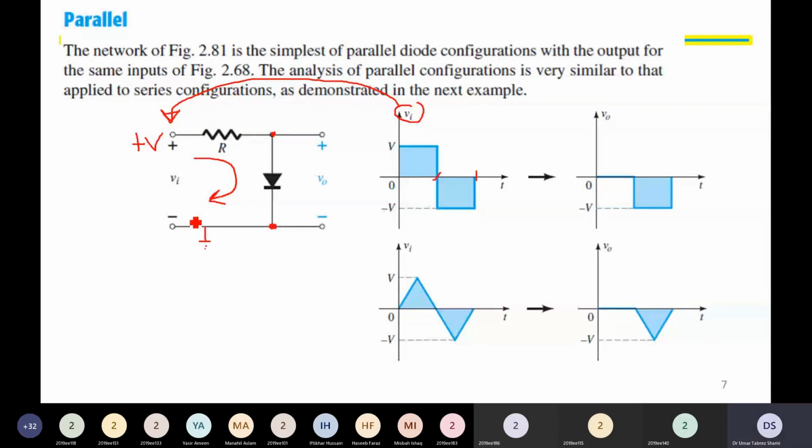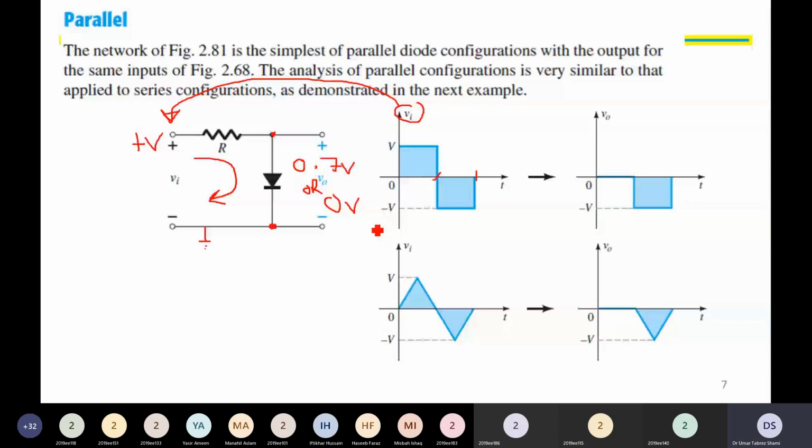And when this current passes through the diode being forward biased, it will produce an output voltage of 0.7 volt in case of a practical diode or 0 volts in case of an ideal diode. So this is what will happen when we provide positive voltage at the input.